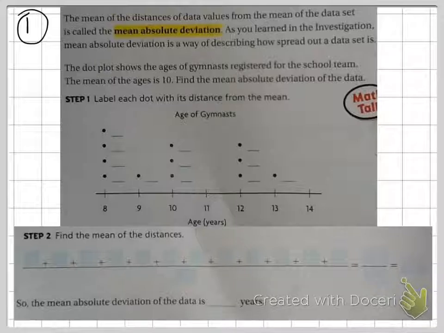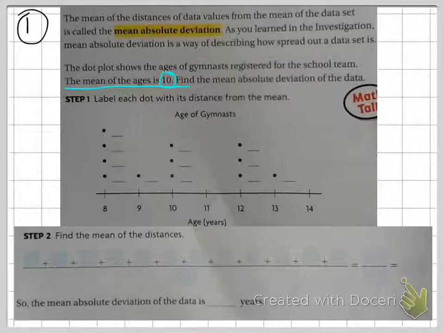The dot plot shows the ages of gymnasts registered for the school team. The mean of the ages is 10. Find the mean absolute deviation of the data. Label each dot plot with its distances from the mean. Okay, so they have told us that the mean of the gymnasts is 10 years old. So we have given other ages, and we need to find out how far those ages are away from 10, the mean.